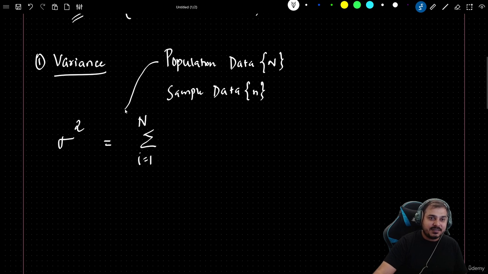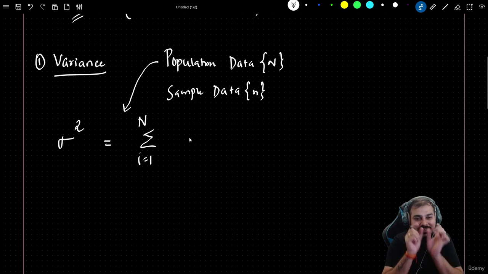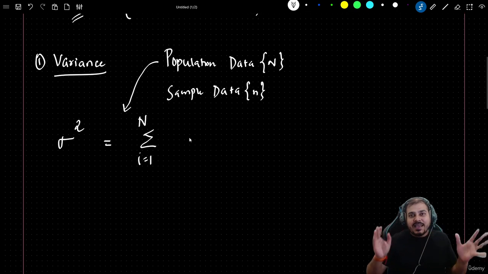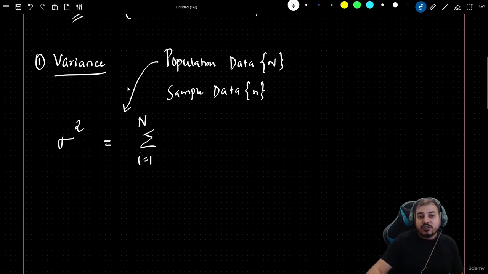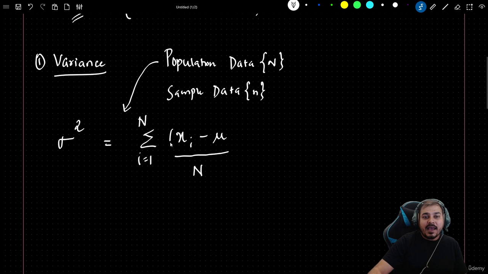Since we really need to find out the distance from the mean, because we are trying to find out the entire variance or dispersion, here you will be using x of i minus mu divided by capital N, and here you are going to do the squaring. So this is the basic formula for population data in order to calculate the variance.